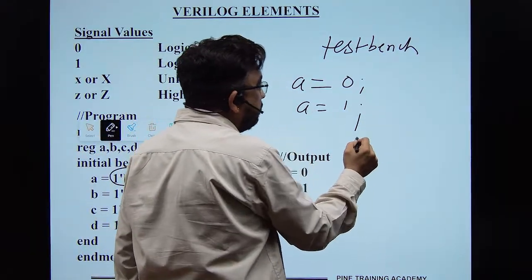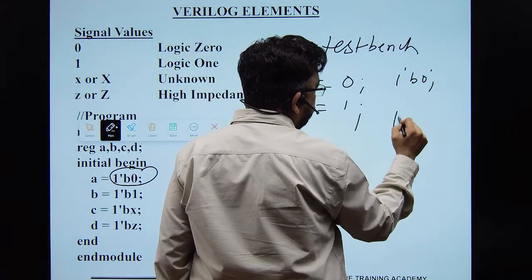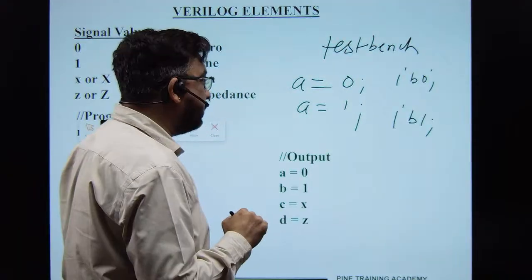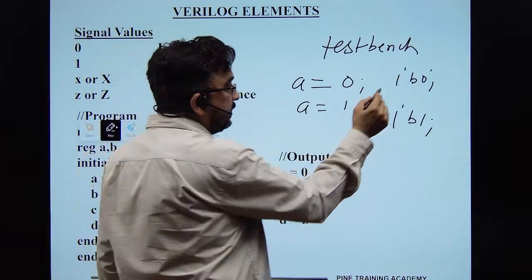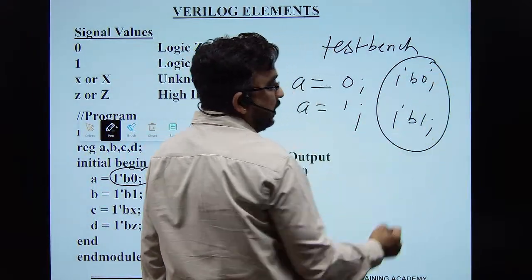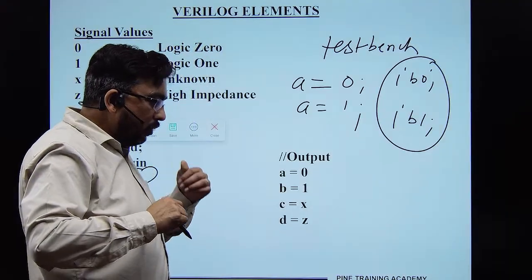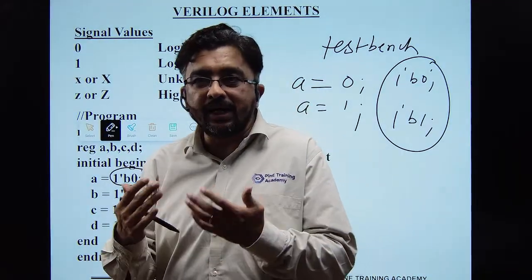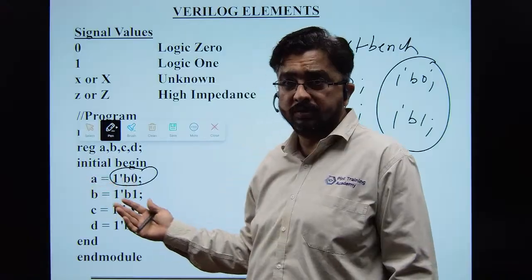Basically, I can give 1 tick b 0 also and 1 tick b 1 also. But I have not given it because I don't want to create any confusion, since I have to teach you how we represent the assigning of values in Verilog.